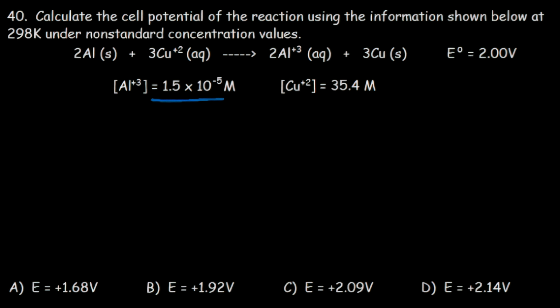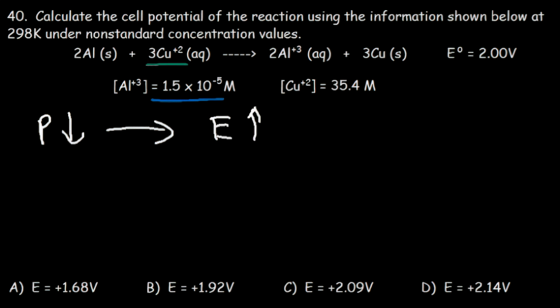So, since we decrease the concentration of the product, will the reaction shift to the left or to the right? According to Le Chatelier's principle, if you decrease the concentration of the product, it's going to shift to the right to increase the concentration of the product. And because it shifts to the right, the cell potential should go up.